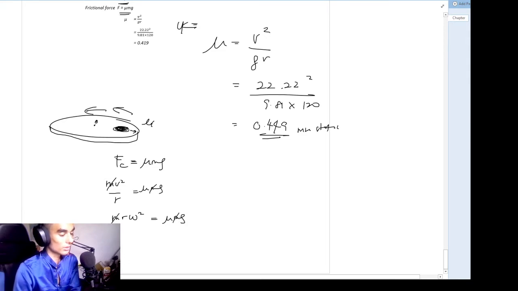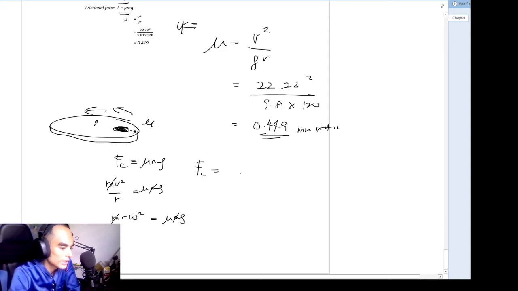So yes, I need to minus mg, or minus the mg from Fc. Fc minus mg equals ml.